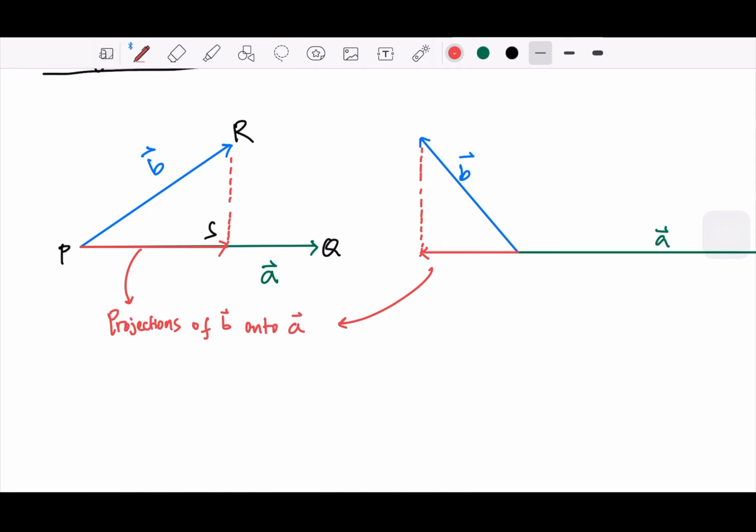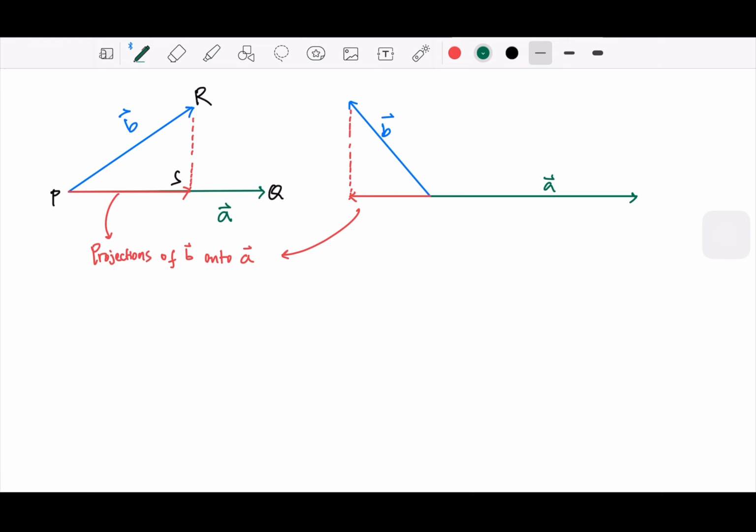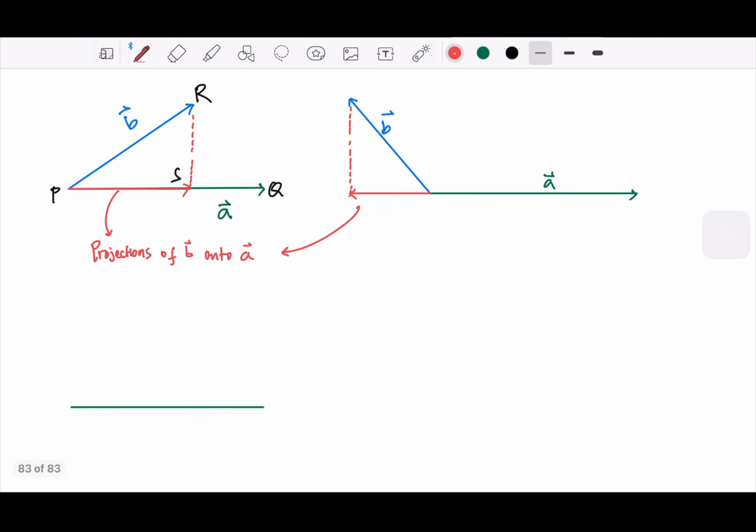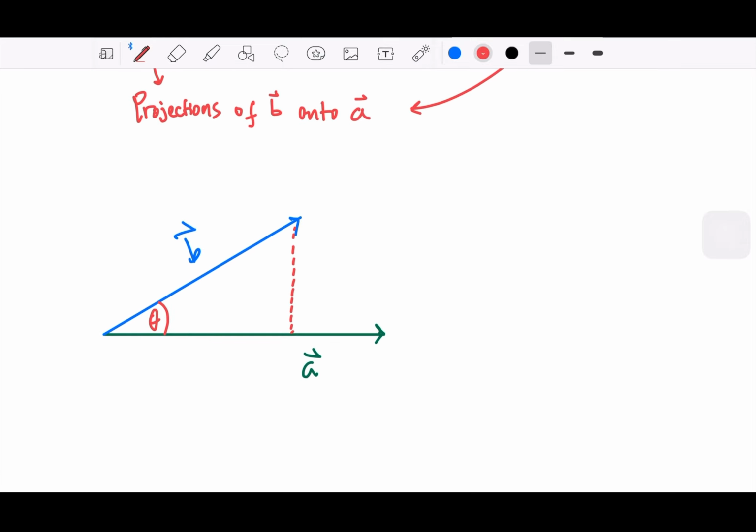Now, let me make another one. If we take similar vectors, and we have an angle between these two, and we take the projection, now this line here, if we just look at the scalar, the length itself, this length will be just b cosine theta, right?